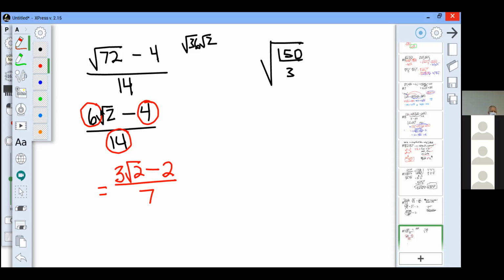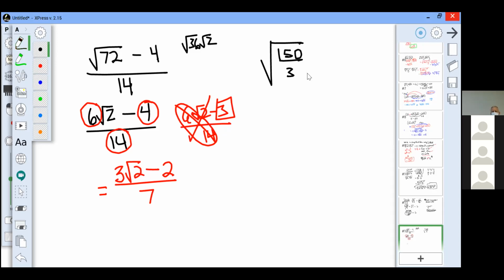If you can't take a common factor out of the number in front of the radical or anything else that's exactly the same, then you can't reduce it. So if that would have been 6 square roots of 2 minus 3 divided by 14, those have a common factor. But that one doesn't, so we're not reducing it. All parts of a quantity or nothing at all.